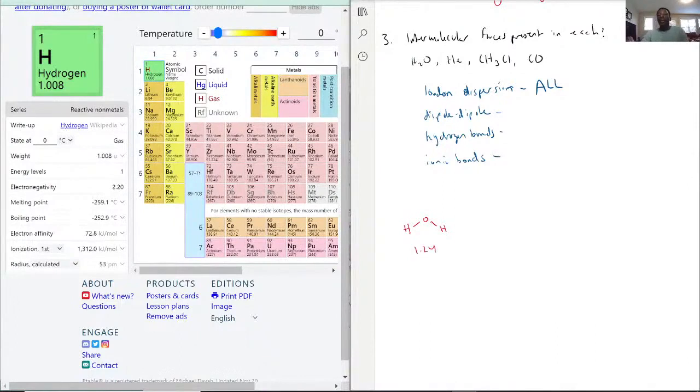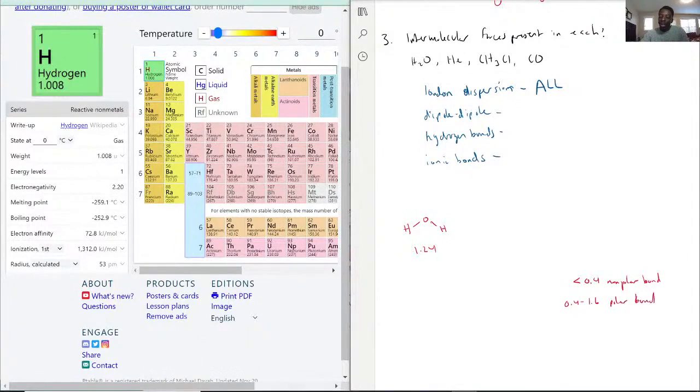If you recall from your notes, the dipole interactions have a range. Anything less than 0.4 is going to be a non-polar covalent bond. Anything between 0.4 to 1.6 is a polar covalent bond.